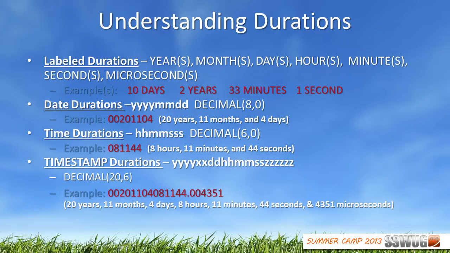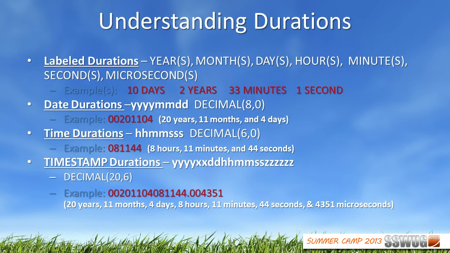The unlabeled durations are specific formats that need to be coded the appropriate way and used in the right context, and then DB2 will recognize them as a duration. So there's an unlabeled date duration, an unlabeled time duration, and an unlabeled timestamp duration.